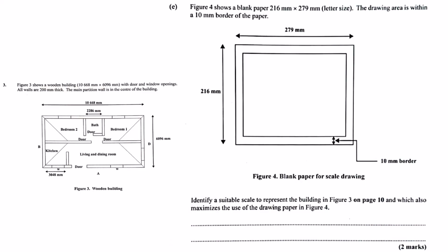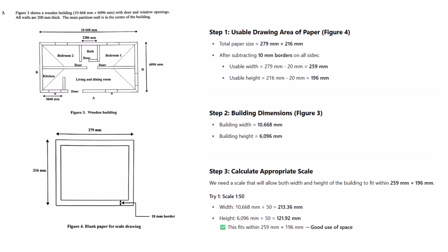Yeah, that wouldn't work. So how do you pick the right amount of shrinking, the right scale? The main thing is making sure the whole building or the part you're drawing fits comfortably on the paper. But also, it needs to be large enough to show the necessary details clearly. Balancing act. Totally. In our example, a building about 10,700 millimeters by 6,100 millimeters needed to fit on paper maybe 260 by 196 millimeters. Okay.